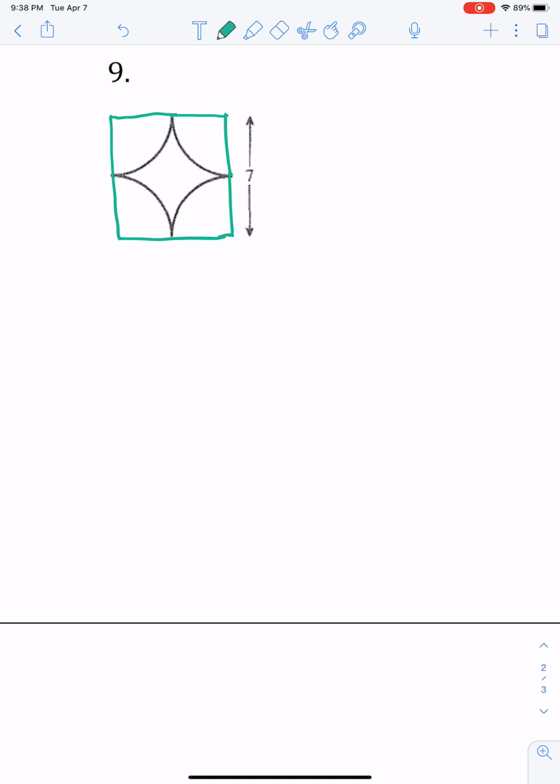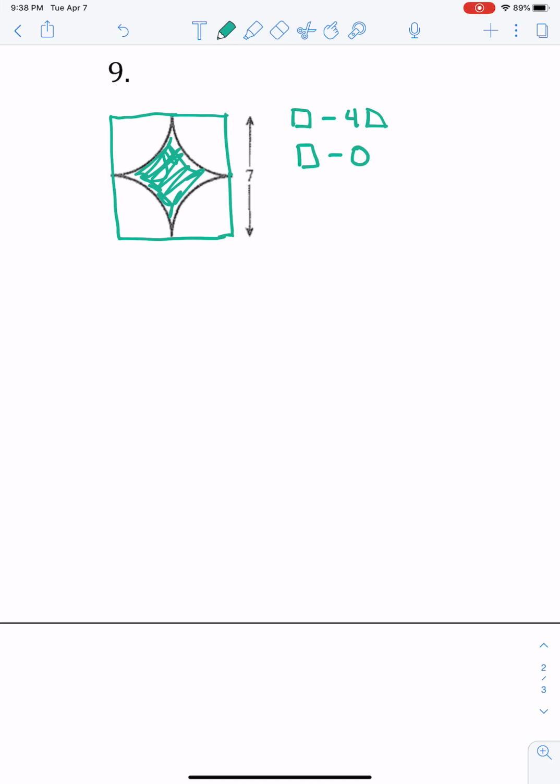So, and since this is the area that I'm looking for, the shaded area, can I just say that this is a square minus 4 quarter circles? Or it's a square minus a circle? Does that make sense to you?